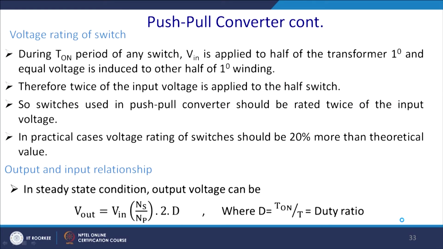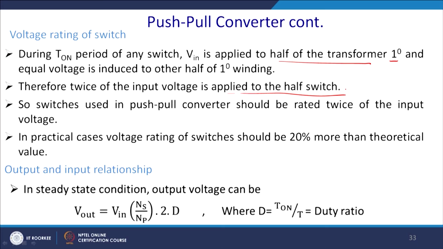And now, the voltage rating of the switch. During the T on period, when either switch conducts, Vin is applied to half of the transformer primary and an equal voltage is induced in the other part of the primary winding. Therefore, twice the input voltage is applied across the off switch.